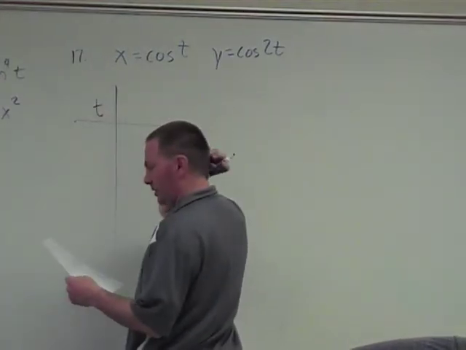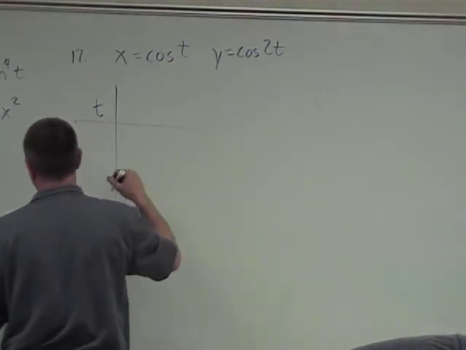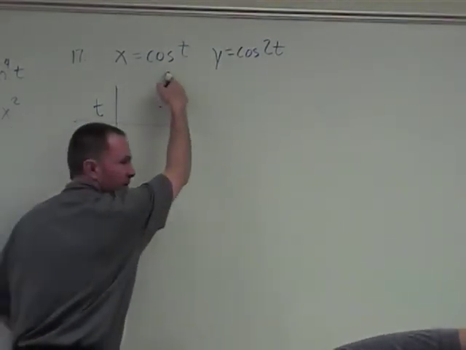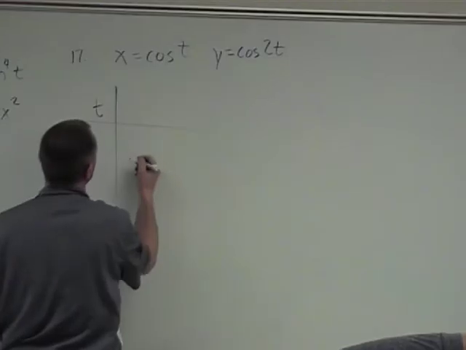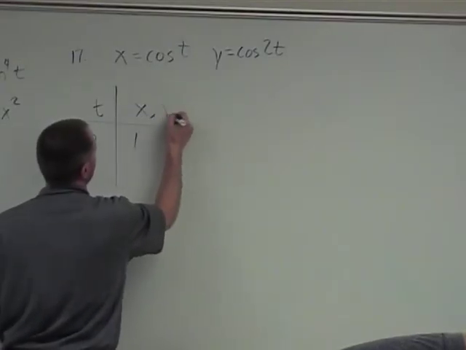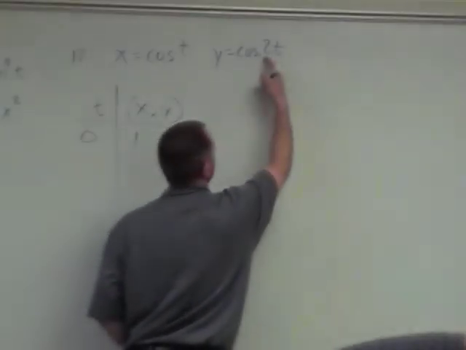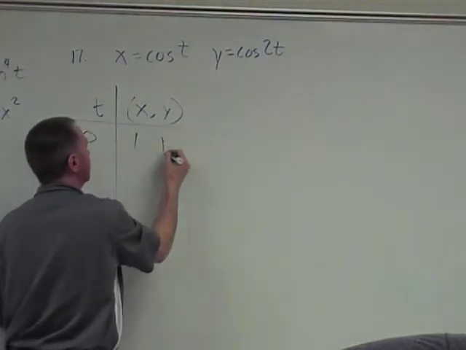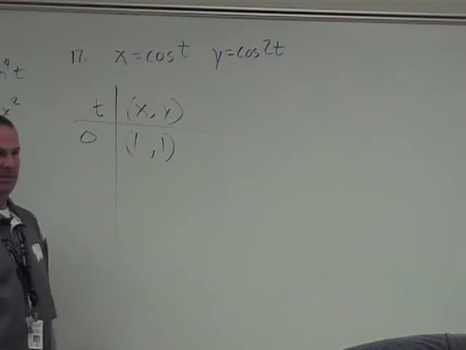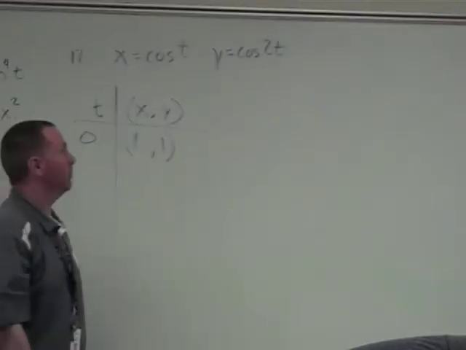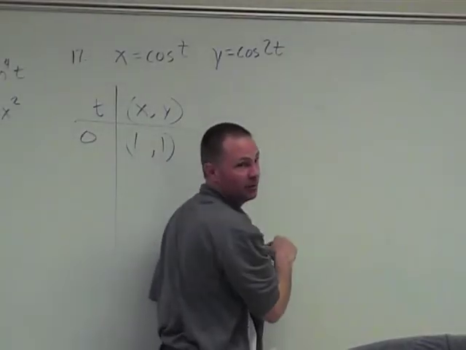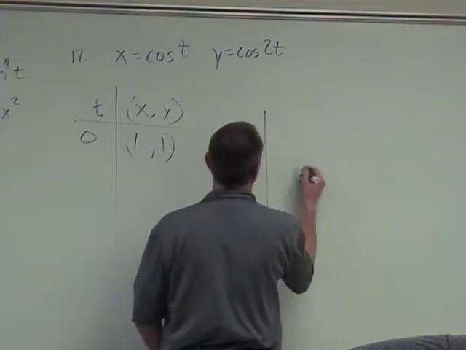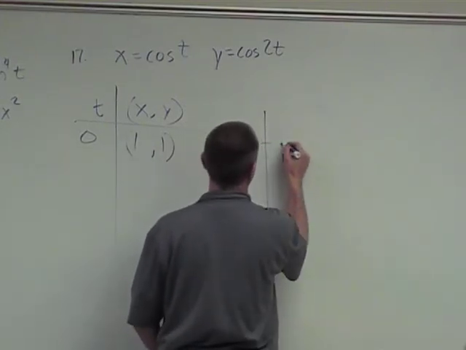Okay, this one doesn't have any parameters, I don't think, so t is 0. X value is 1. What is the y value? 2 times 0 is 0. Cosine at 0. It's a double angle. You might want to look at your reference sheet for double angle. 1, 1. Okay?